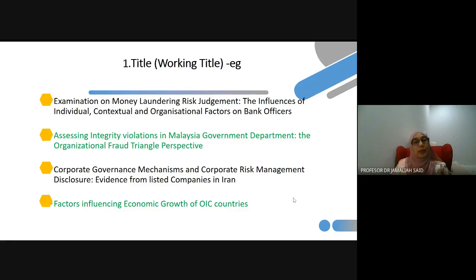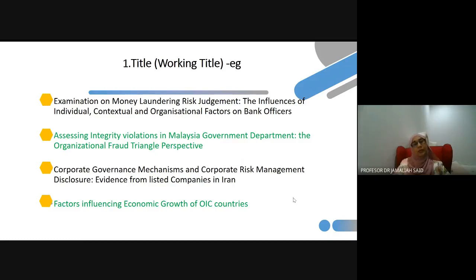So the student is smart enough to put the theory inside the title. By looking at this title, we know that the student is trying to examine the factors proposed by organizational fraud triangle theories that influence integrity violation.